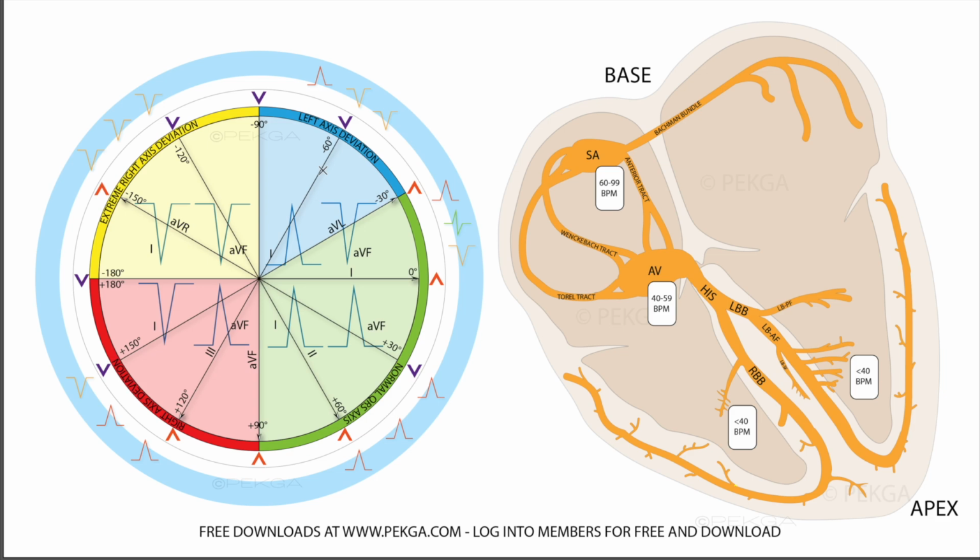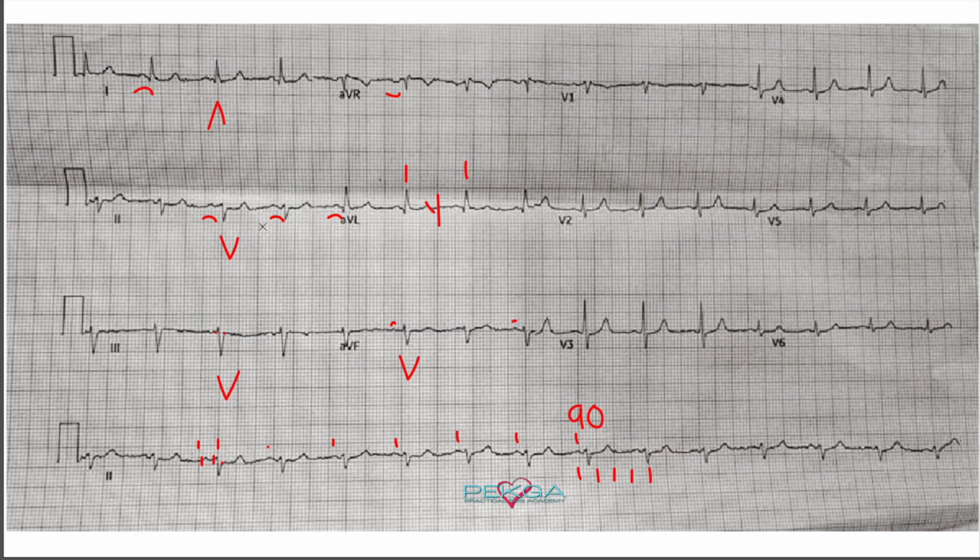So something has shifted here, and this particular signature, where you have an upright depolarization in lead 1 and negative deflection in leads 2 and 3, is a telltale sign of left anterior fascicular block.